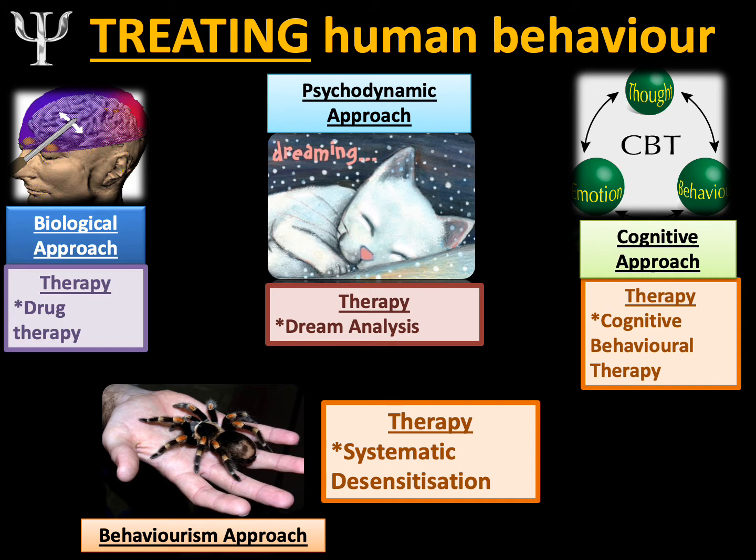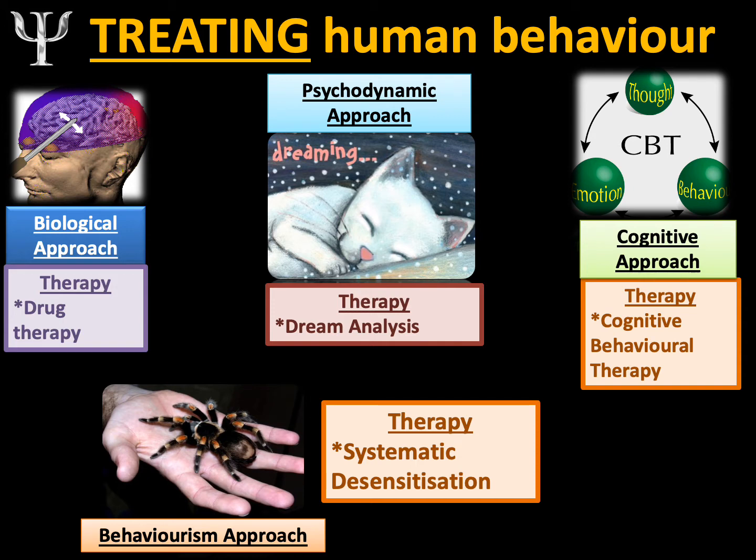And this is where we will explore, still under the same heading of the 5 different approaches in psychology, how those 5 different approaches will then treat human behavior. So if I'm a biological psychologist who thinks that all behavior can be explained from someone's physiology, then I will only want to treat the physiology.